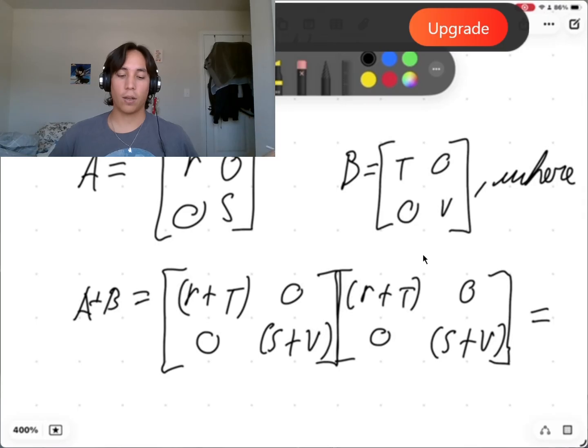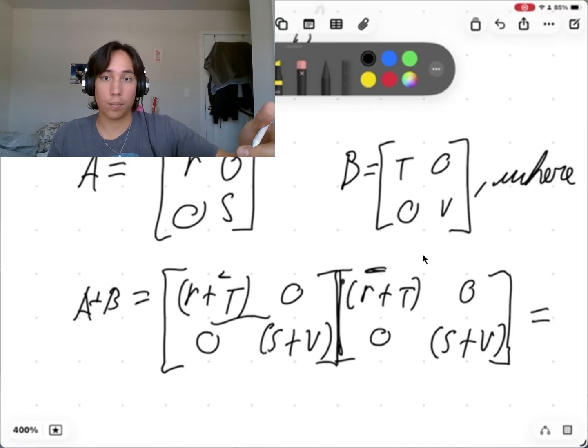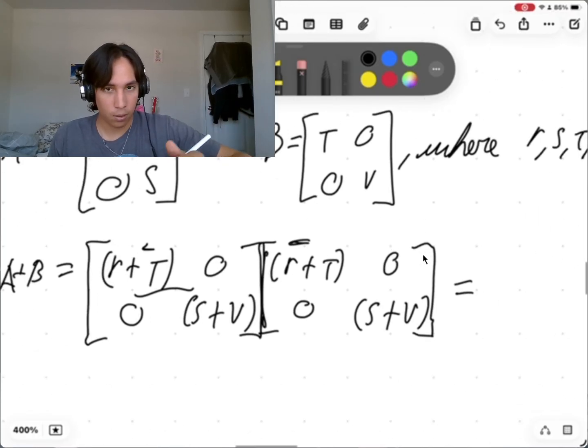So they're gonna behave like numbers because, like this multiplied by this, only these two are gonna be multiplied, and then only these two are gonna be multiplied, right? So it's just like multiplying numbers.